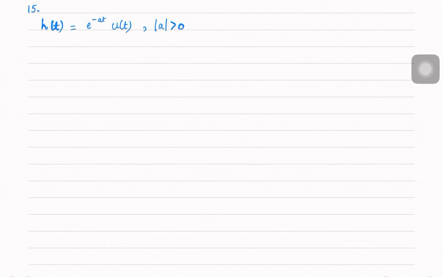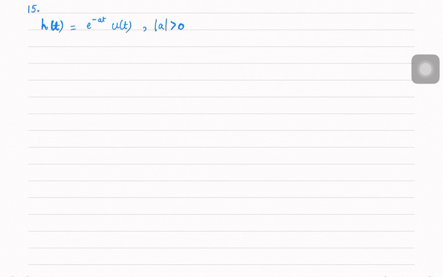So e power minus at will be decaying for all values t greater than 0. If u of t was not multiplied, then when t is negative, minus a t would be positive, so e power something positive would go on growing. For t less than 0 the exponential would have been growing, and for t greater than 0 decaying, if u of t was not multiplied. In this case it's multiplied, so there are no issues there.